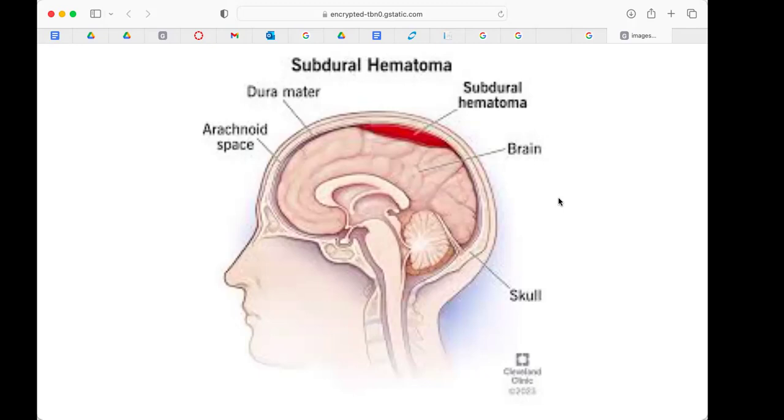And if that person has a large area of brain death, the person will either automatically die or the brain will herniate.